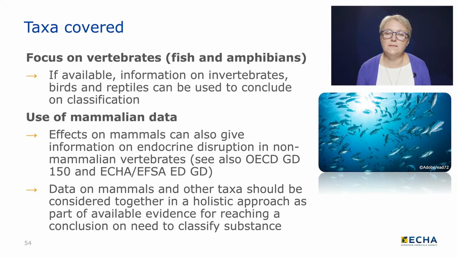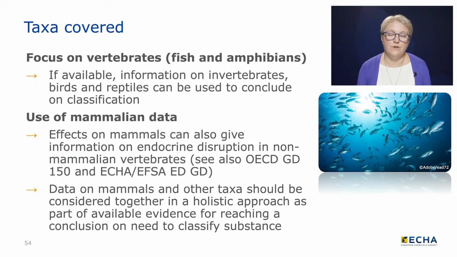Regarding the taxa covered, the current guidance is in line with the ECHA guidance, and it focuses on vertebrate organisms, mainly fish and amphibians. It does not specifically cover birds, reptiles, or invertebrates. However, if information on these taxa is available, it can be used to conclude on classification.